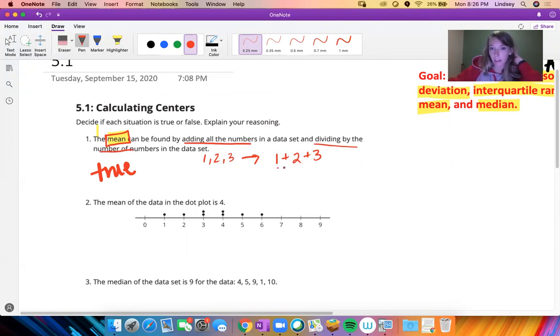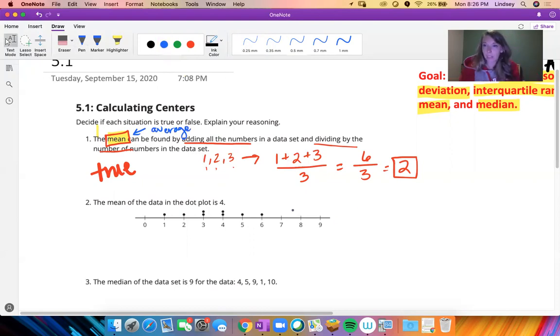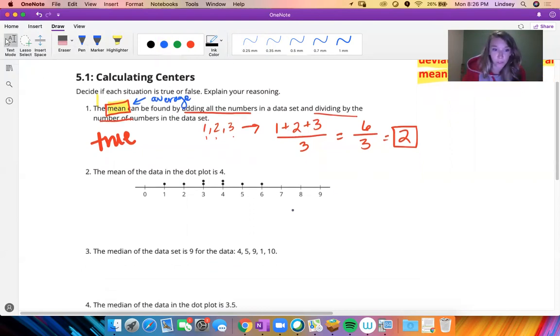We have 3 numbers, okay? So that would be 3 plus 2 is 5 plus 1, 6 divided by 3. So our mean would be 2, okay? Another word that they use for mean is the average, okay? So that's very important to know. That should all be a review to you.